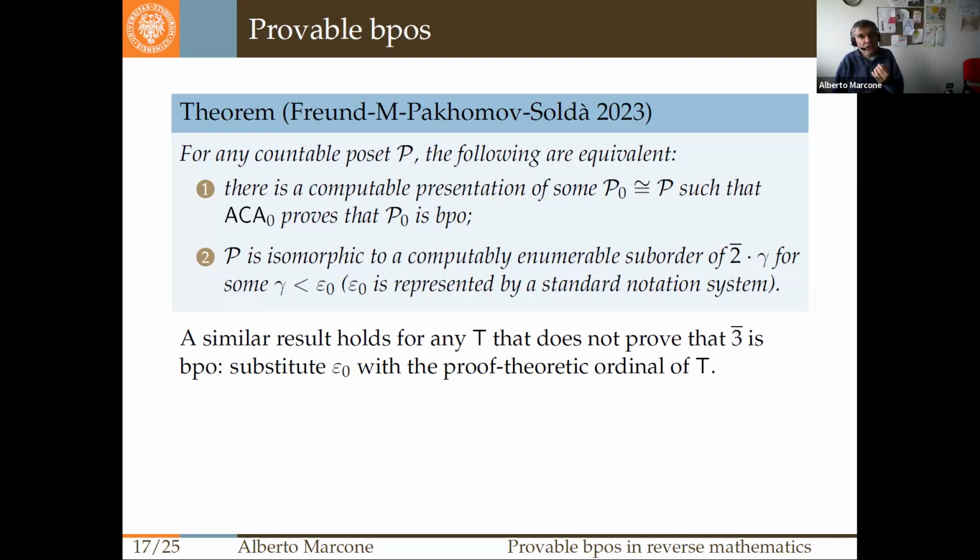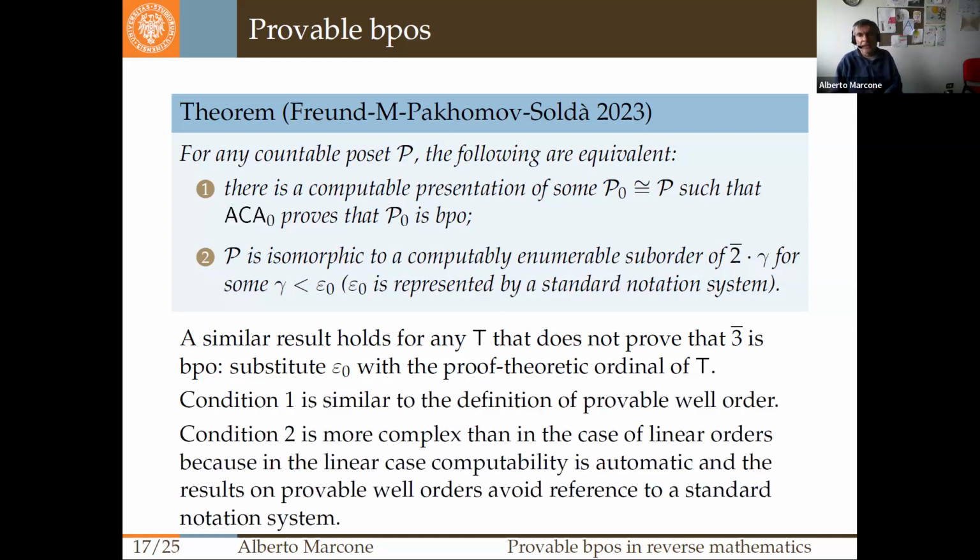On the other hand, condition 2 is a little bit more complicated than what we usually get when we deal with this sort of thing with respect to well orders, and I will explain why. So what is 2 saying here? We say that P is isomorphic to a computably enumerable suborder of 2 bar times gamma for some gamma which is strictly smaller than epsilon naught.